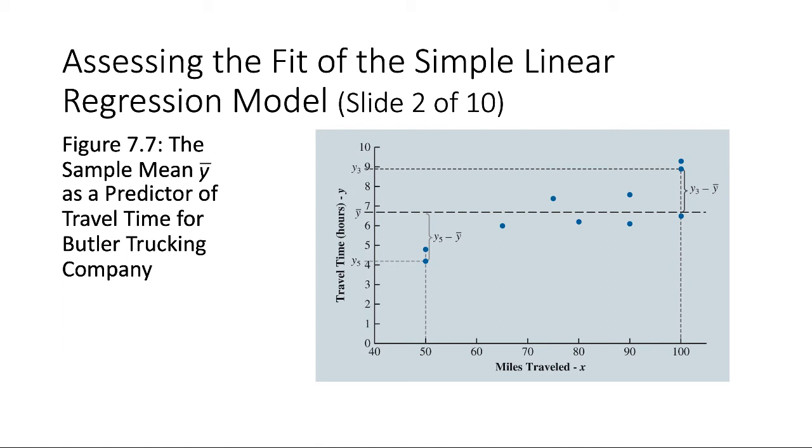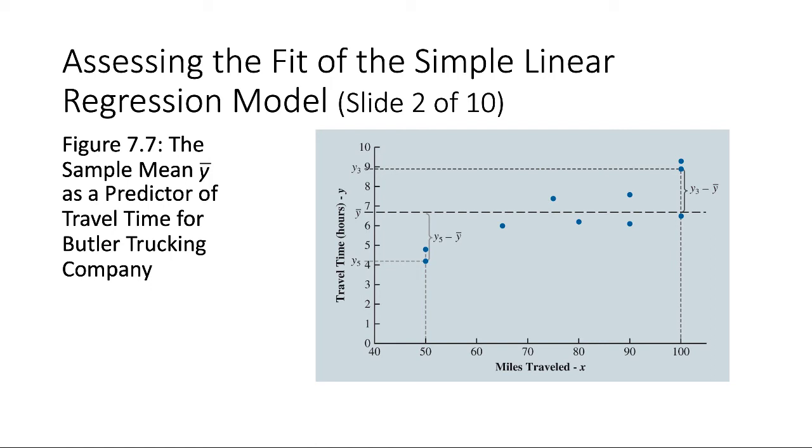Without knowledge of any related variables, we will use the sample mean of y as the predictor of the travel time for any given driving assignment. This figure provides insight on how well we would predict the values of yi in the trucking company example using the mean of y equal to 6.7.